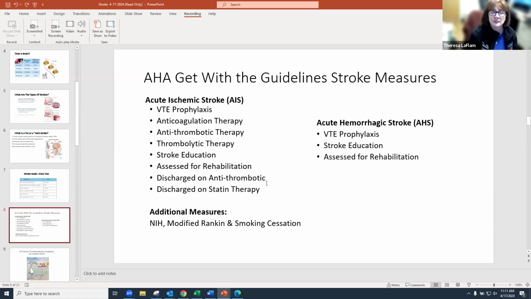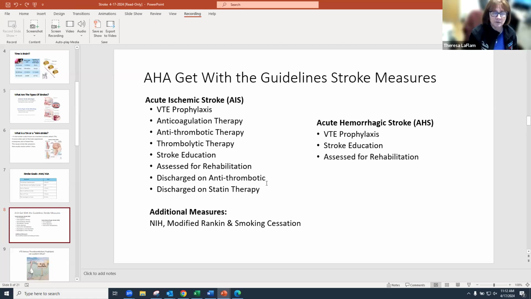If for some reason that can't be done, the only way we get out of this measure is if the physician would write and document in the note the patient is not safe to have anticoagulation therapy because they had a bleed in their brain, or because they have GI bleeding, or because they had a recent trauma. Without a reason, something needs to be ordered. If there's not an order, then there needs to be a reason.